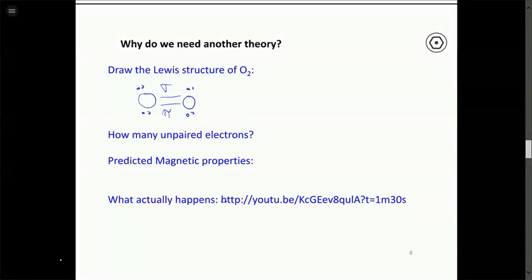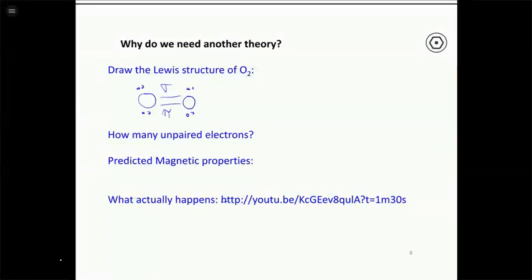Valence bond theory assumes that all of these electrons are paired. The electrons shared in a bond are paired, spin up, spin down. Then you have the lone pairs that reside in the other sp2 orbitals, and they have to be paired, spin up and spin down, to not violate the Pauli exclusion principle. So we would predict from the Lewis structure of O2, and by using valence bond theory, that there are 0 unpaired electrons in O2.